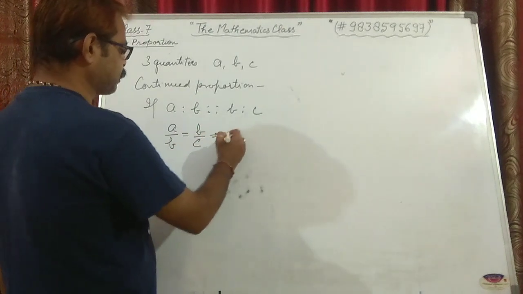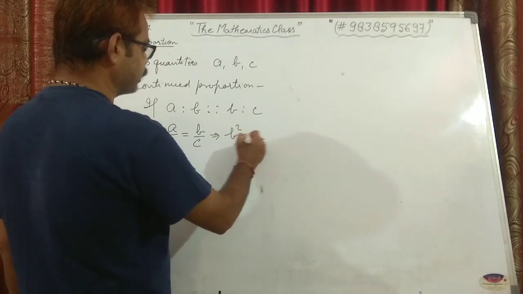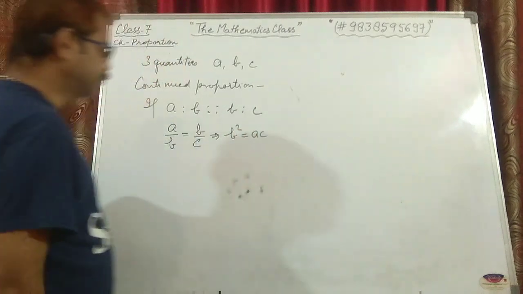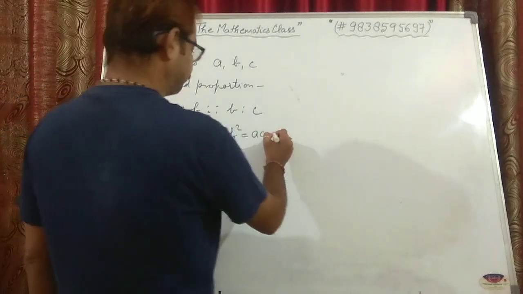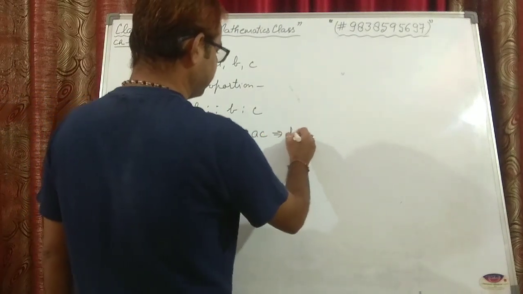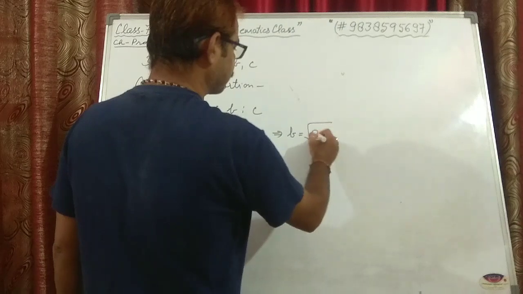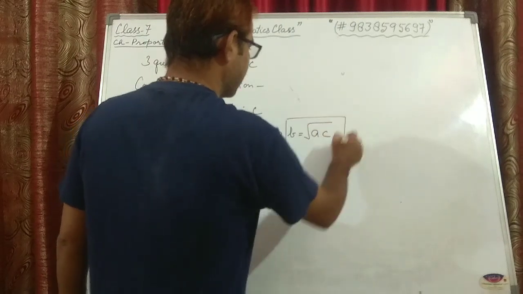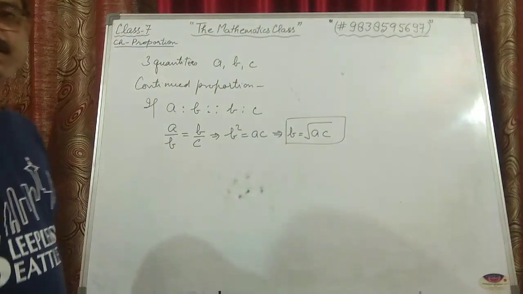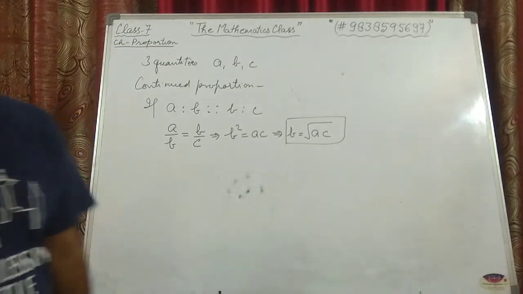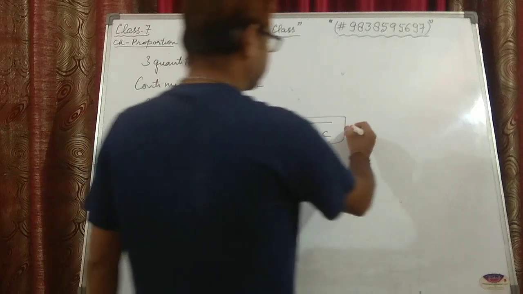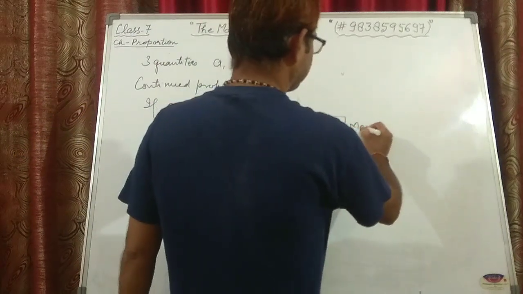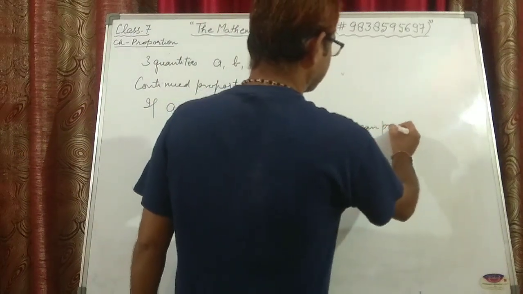Now when you cross multiply, you will get B square is equal to AC. B into B is B square, A into C is AC. It implies that B can be written as under root AC, and this is known as mean proportion, or mean proportional.